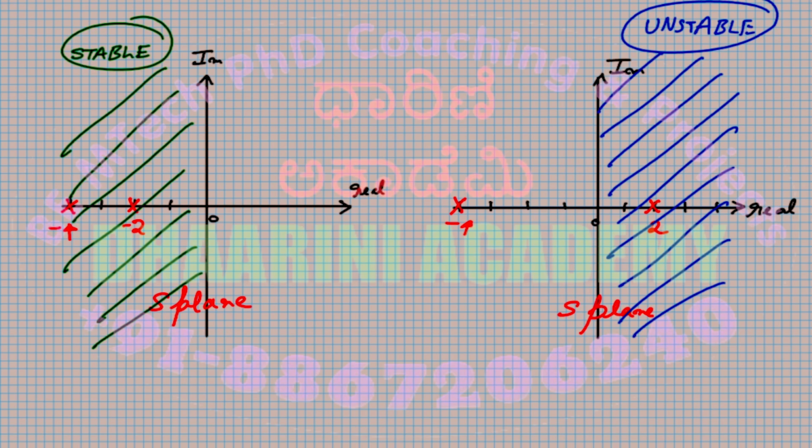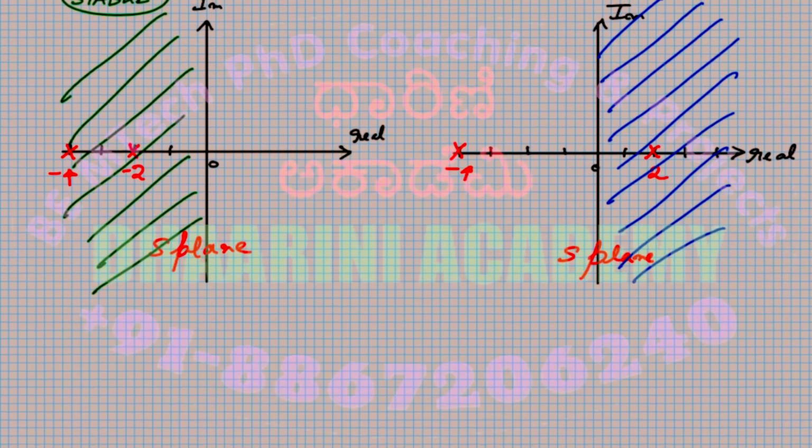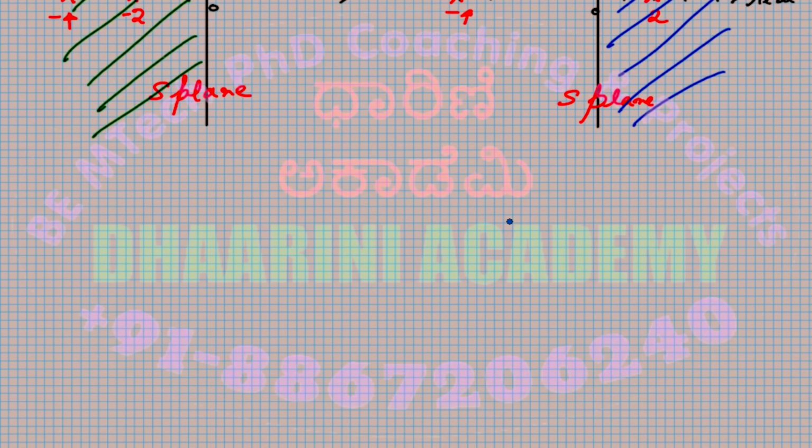Okay. So what are the possible outputs that we might get which take the signal to infinity? We'll see them. I'll write 1 point.